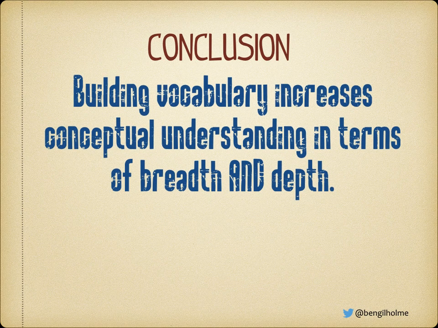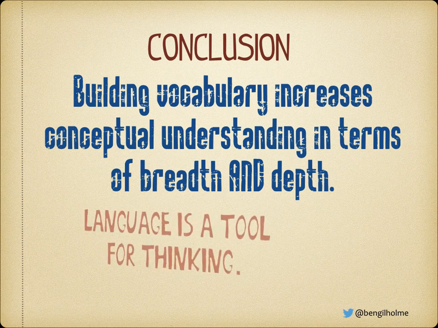So in building vocabulary, it's increasing conceptual understanding in terms of the breadth, so how many different ideas span across different fields, but also in terms of the depth, so what you understand about each of those concepts, and about the way that we can start to make those finer distinctions between different aspects of the same concept.